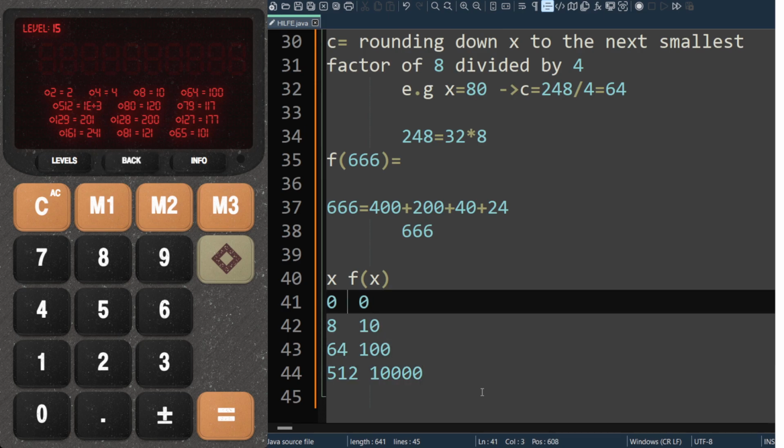Also not 0 but 1. So this one is logarithm on the base 8 of 1.